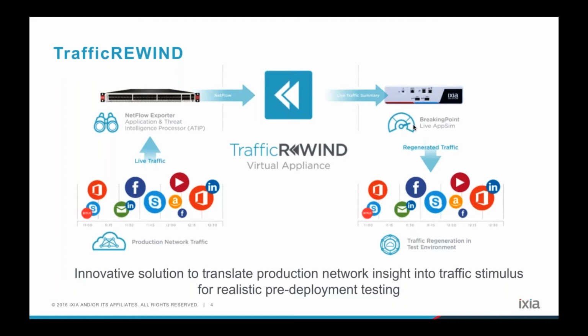So you've outlined a solution here, Daniel, that has three components: AppStack, TrafficREWIND, and BreakingPoint. And as you've described it, it addresses the needs of the customers in this new world of requiring very faithful traffic recreation and preservation of the temporal nature of the traffic.